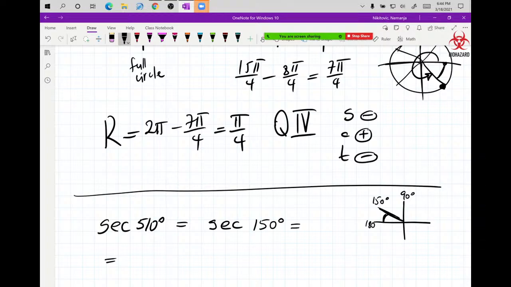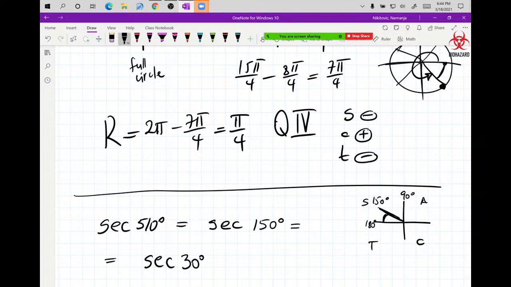What's the difference between 150 and 180? 30, good. Now leave some space because we might need a negative there, okay? So that's 30 degrees.